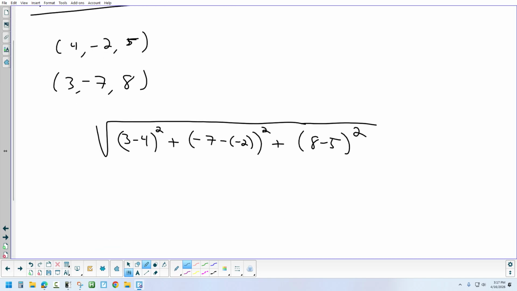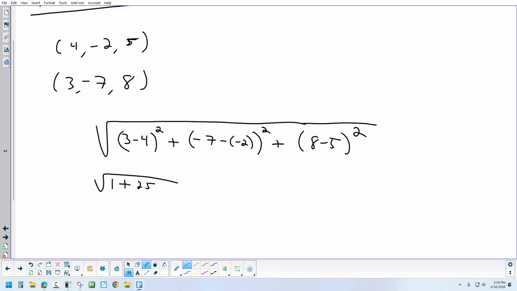All right, so let's do that up and see what we get. So we're going to have 3 minus 4 gives us -1 squared. What's -7 minus -2 squared? -5, and then when you square it, 25.